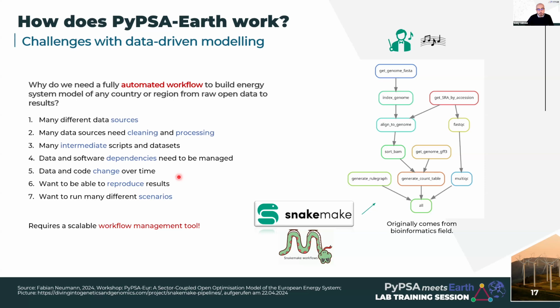And of course, we want to run multiple scenarios at the same time. As we will see now, SnakeMake provides this easily by just changing one part of the config, and then SnakeMake detects this and does the run again accordingly. Or we can have wildcards.